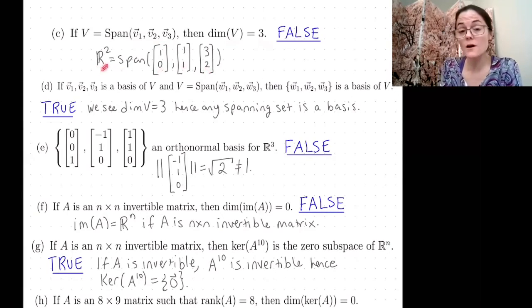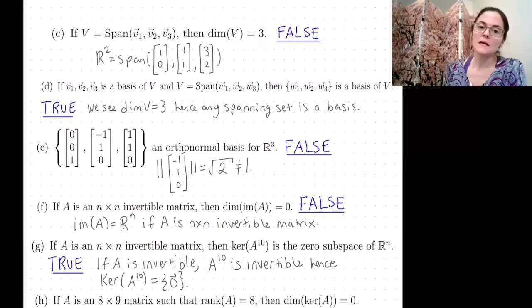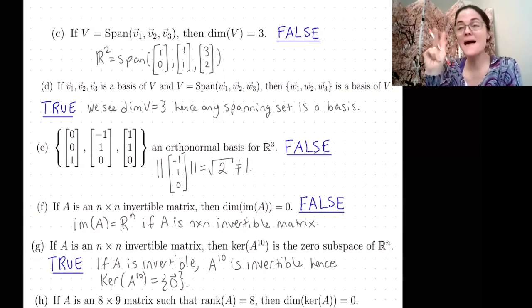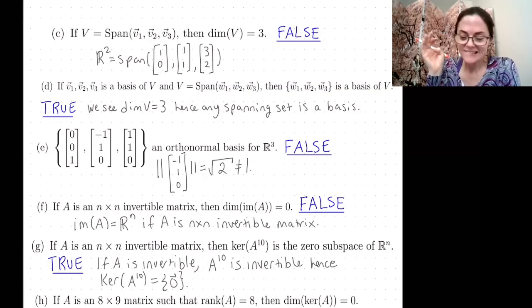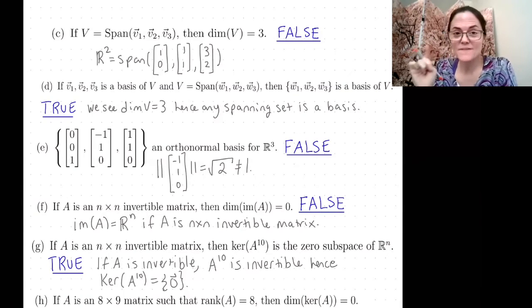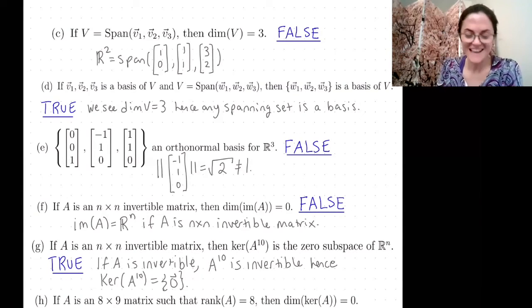I could have put R2 as the span of 15 vectors if I wanted to. It doesn't mean the dimension is 15, okay? Wouldn't be 15 independent vectors. There's only a maximum of 2 independent vectors that you can find in R2, okay? That's the number of things in a basis. Okay, I think we're okay.